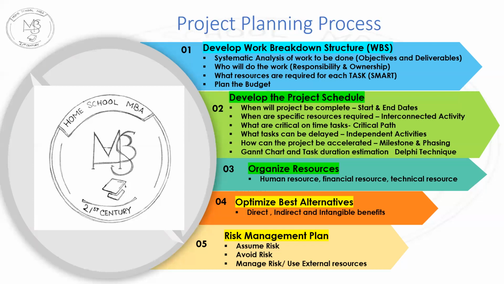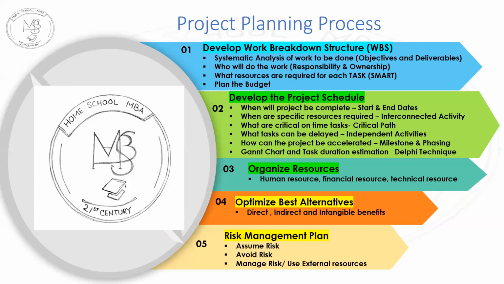Organize resources. There are different resources that are required to complete a project. The most important resource is the human resource. There are workers, engineers, draftsmen, architects, and different types of people who are required at different times to complete that project. You have to line them up and make sure that everybody understands his responsibility and the role that he has to perform.